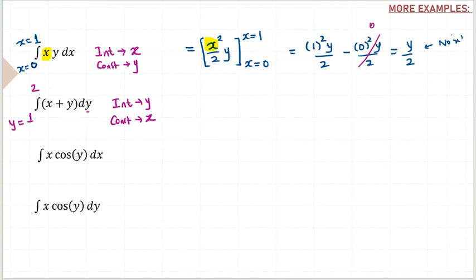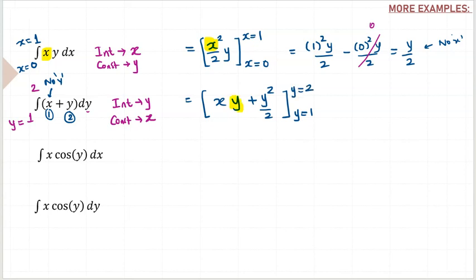So after integration, what will we get? Again, there are two terms, right? Integrating with respect to y, there is no y. So what will we do? X multiplied by y, and here y square over 2, with limits for y from 1 to 2.